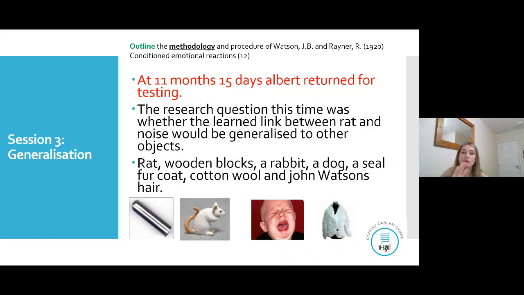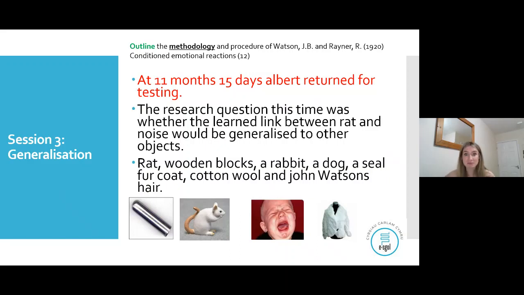So they kind of tried to think of objects that were similar to see if he was also scared of those. One really important thing to note in all of this is the use of the wooden blocks. That was a variable that they used to really test whether they'd actually made him phobic of the white rat or just white fluffy objects. So they tried to think of something that was completely opposite to that. So a wooden block, something hard, is the polar opposite, isn't it, of a white rat.